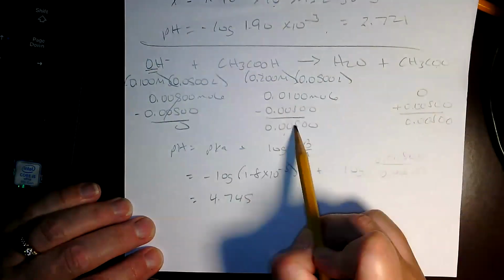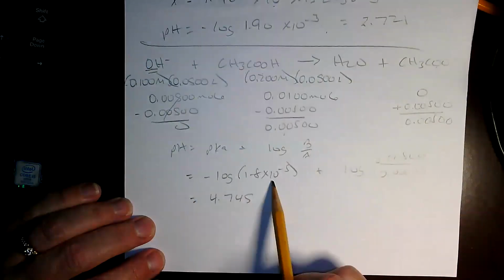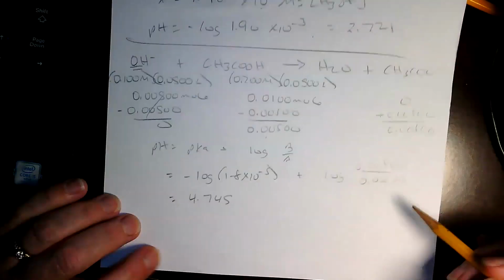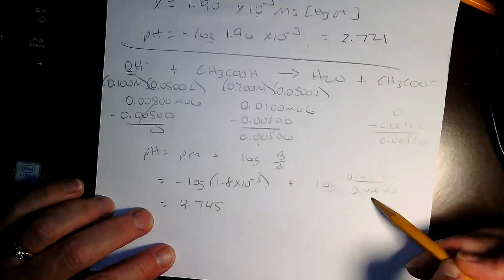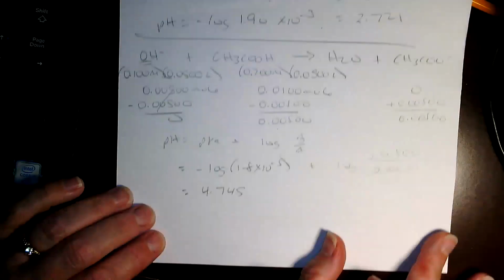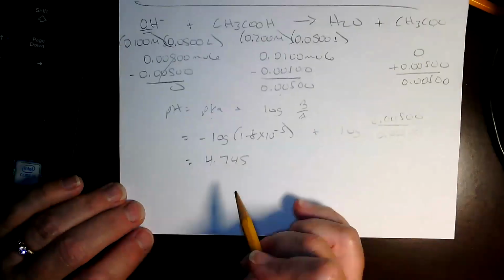We can use the Henderson-Hasselbalch to calculate the pH. So the negative log of our Ka plus the log of our base over our acid. The base and acid are equal. The log of 1 equals 0, so pH equals pKa. We're at the half equivalence point. So our pH is 4.745.